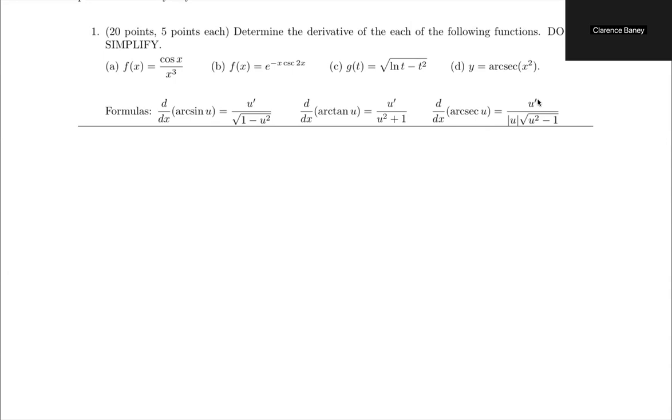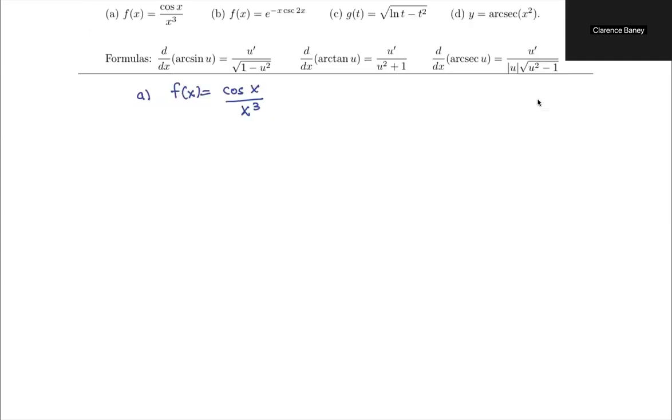way. So our first problem was that we had f of x is equal to the cosine of x all over x cubed. And there were really two ways you could do this. One way was to use the quotient rule.